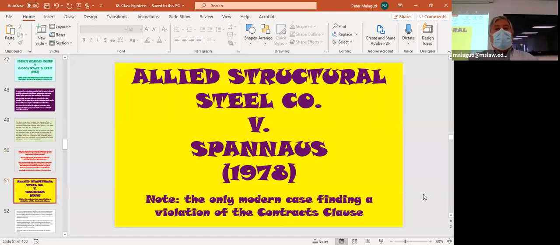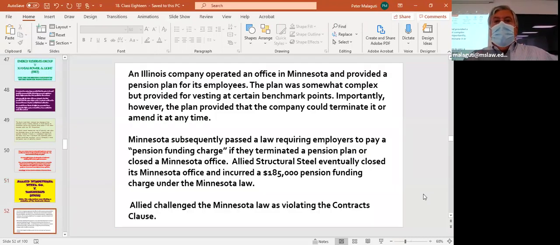The only modern case that finds a violation of the contracts clause in a private situation, okay? The Spannaus case, 1978.